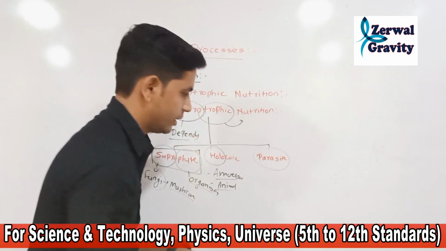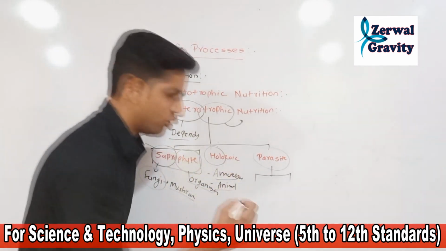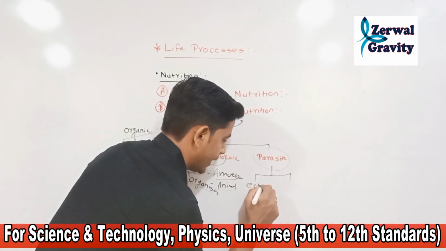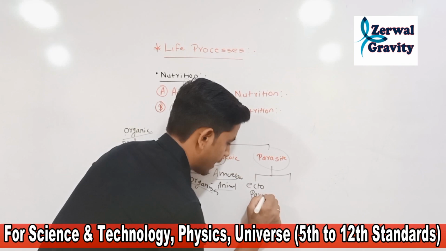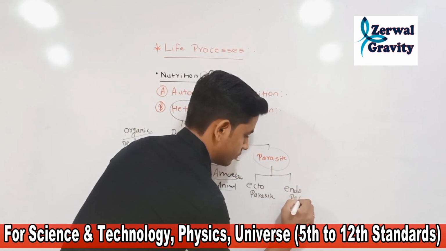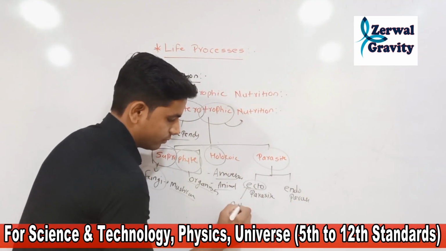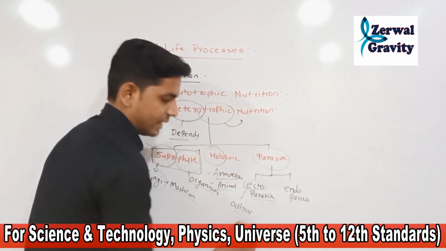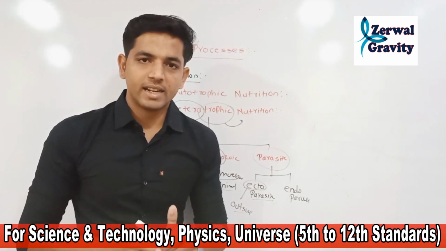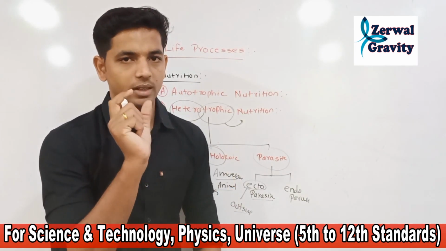देखो, parasites के भी दो टाइप्स होते हैं, ectoparasites and endoparasites. So ecto का मीनिंग होता है आउटसाइड, ऐसे पैरासाइट्स जो बॉडी के बाहर, आउटर सर्फेस पर ग्रो होते हैं, जस्ट लाइक लीच, पता है आपको?